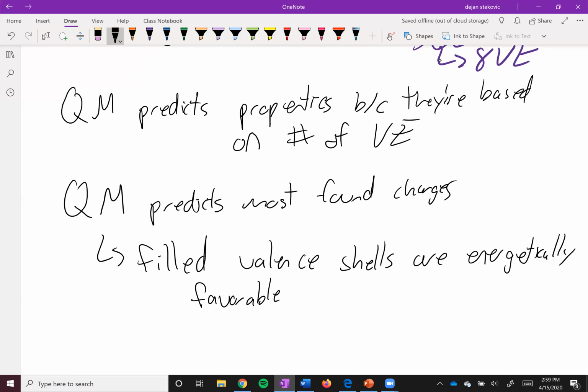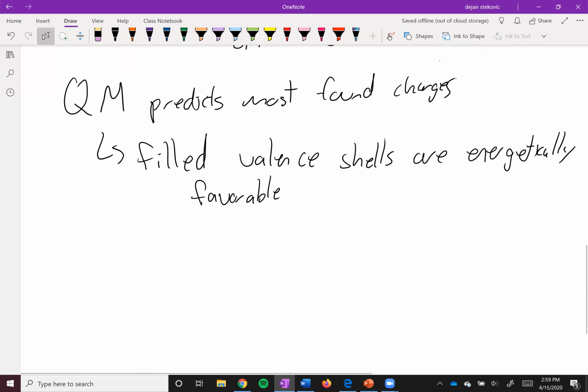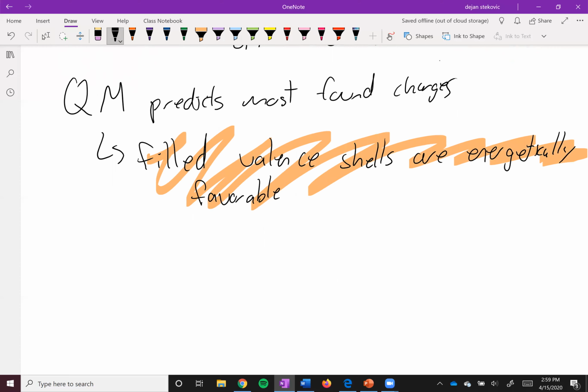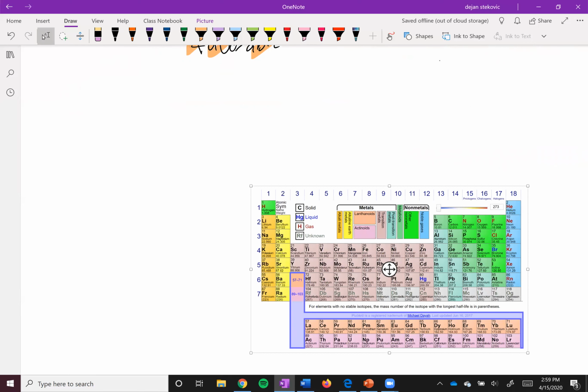This will be a huge topic later on when we get to ionic and covalent compounds. But one thing you really have to understand and accept is that filled valence shells are energetically favorable. So things generally want to have a filled valence shell. Later on we'll learn that as the octet rule.